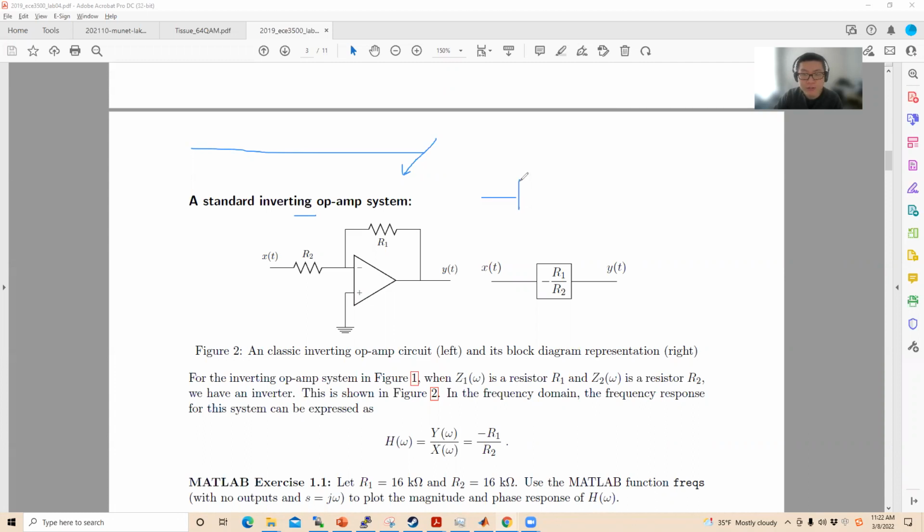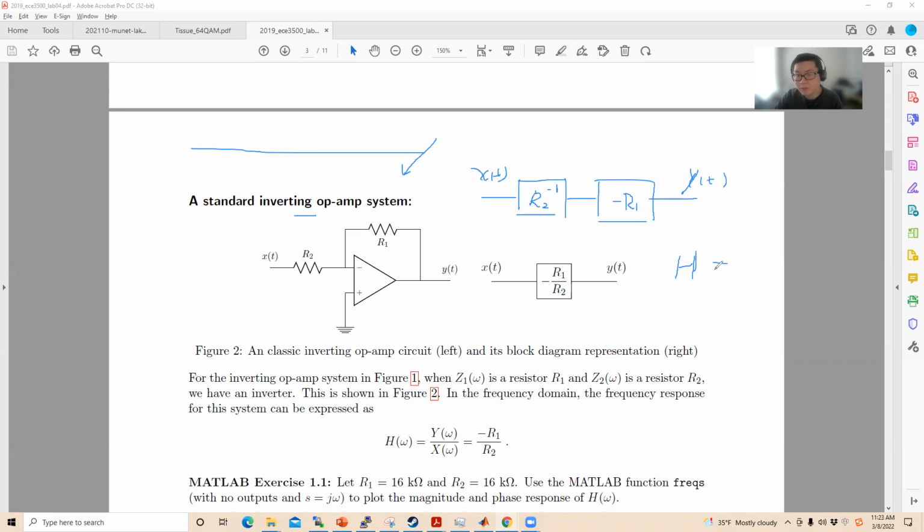You can see after that, this R2 is corresponding to the inverse of R2, and this R1 should be minus R1, between x(t) and y(t).